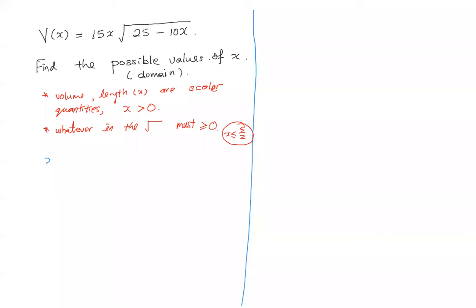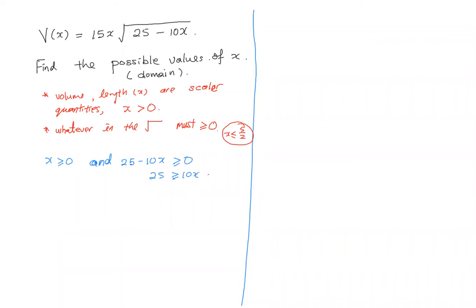Okay, x must be greater than or equal to 0, and 25 minus 10x must be greater than or equal to 0. So 25 must be greater than or equal to 10x.